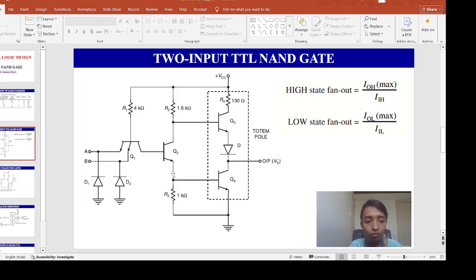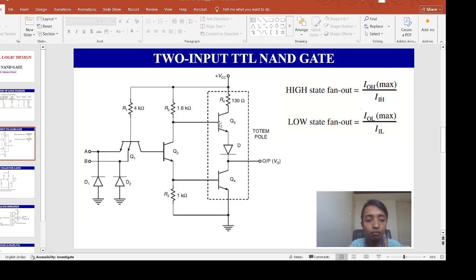Since Q2 is off, Q4 doesn't get the required base drive, so Q4 is also off. Now this transistor Q3 gets enough base drive because Q2 is off. That is, no current flows into the collector of Q2, and all the current flows into the base of Q3, and therefore Q3 is on.